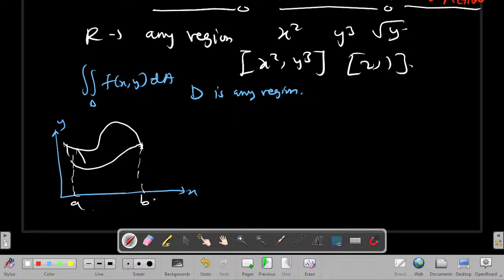Good. So let me shade my region. So region on top, this is one curve, this is one curve. We want to find the integral over this double, so one is a curve and that is a curve.